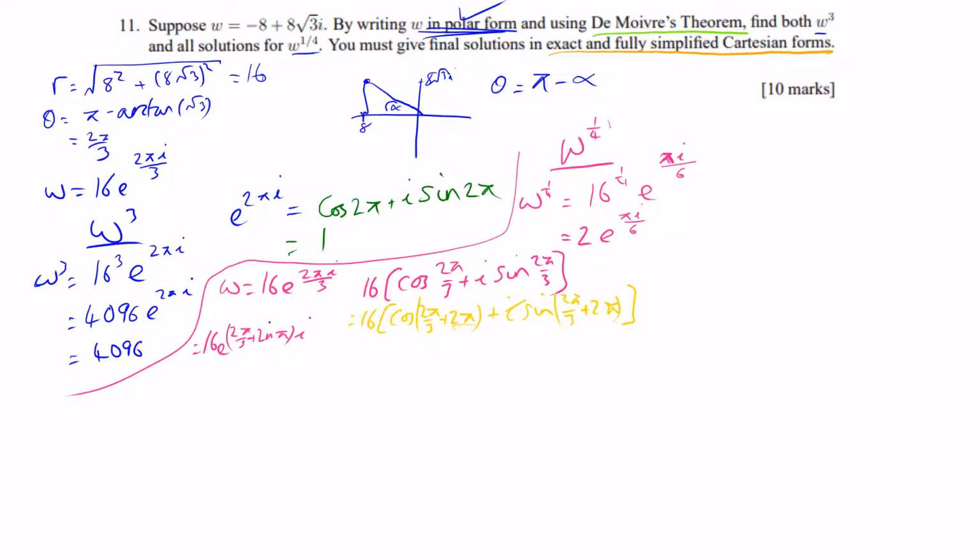So when we then take the fourth root, 16 goes to 2, e to the 2 pi by 3, which is our pi by 6, plus pi by 2 i. So to find our other roots, we've got our first one written here. This is our principal root.